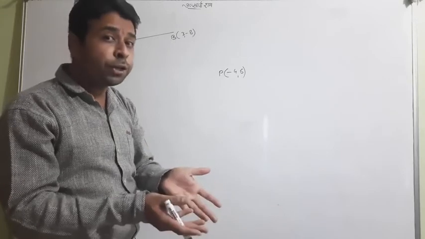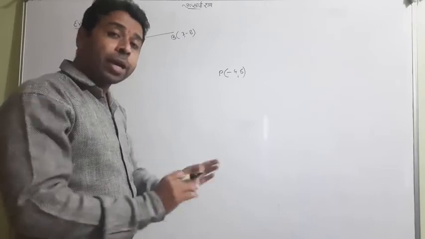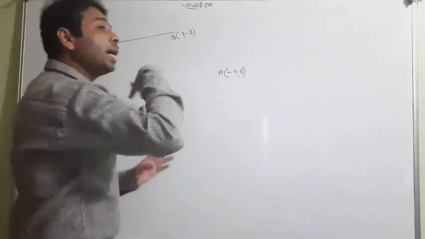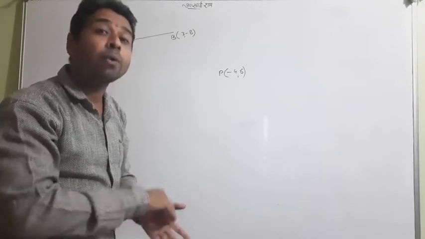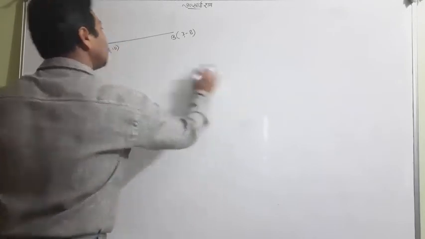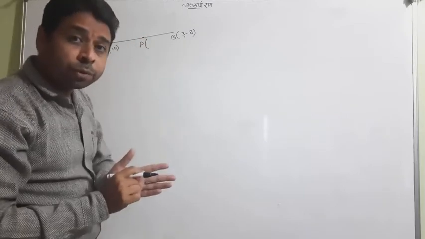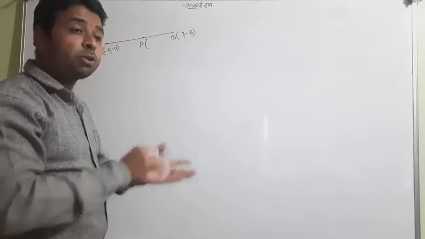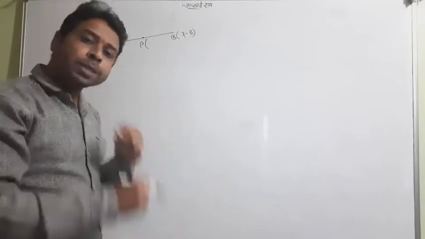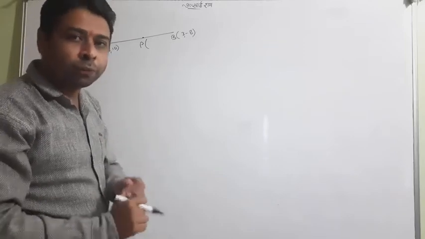Until you know that, while starting the question, you always take P as internal. It's a rough structure. You always assume P is internal. So always consider while starting the question that P is internal to AB.